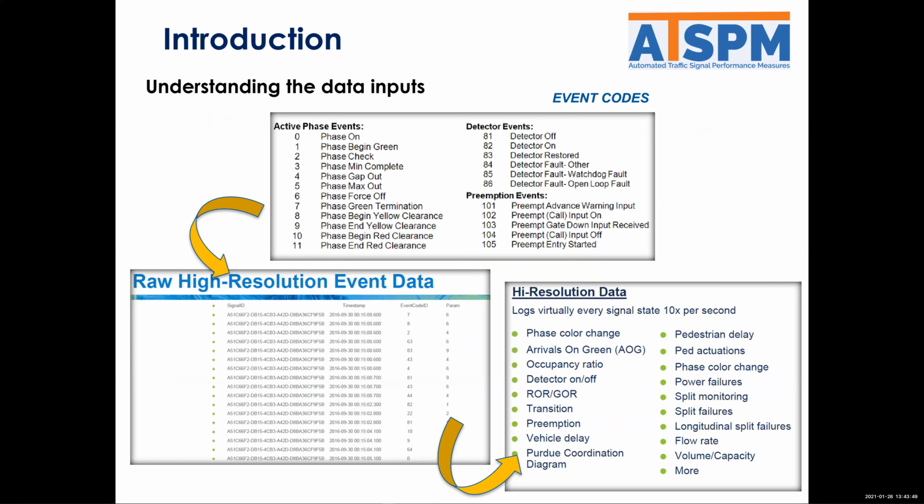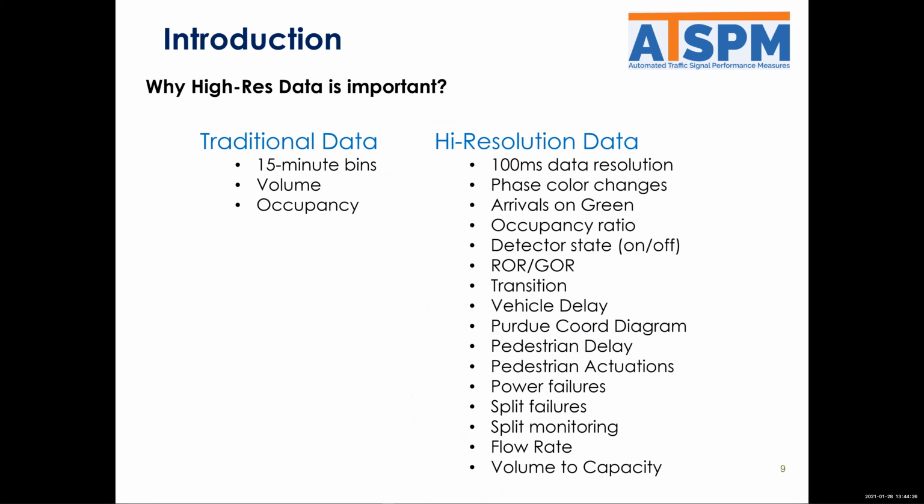From this data, though, we're getting a lot more information from the intersection: phase color changes, arrivals on red, arrivals on green, power failures, split monitor, preemption data, vehicle data, flow rates, a number of things. We're getting all this data at 1/10 of a second resolution, so it's coming in fast, which means there's a lot of data. We need to figure out how we're going to analyze all that data.